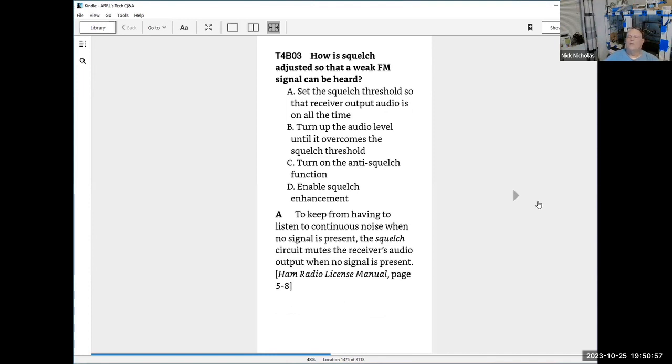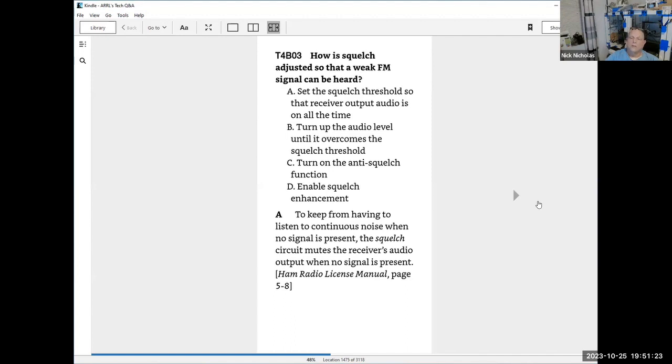How is the squelch adjusted so that weak FM signals can be heard? You set a squelch threshold so that the receiver output audio is on all the time. Basically, if you want to hear weak FM, you've got to turn the squelch off.